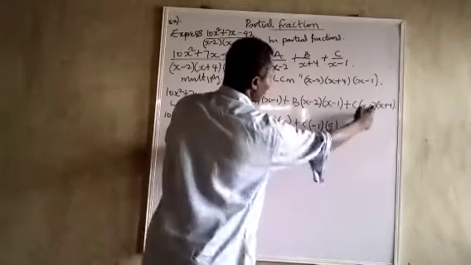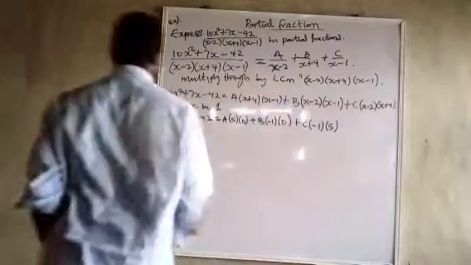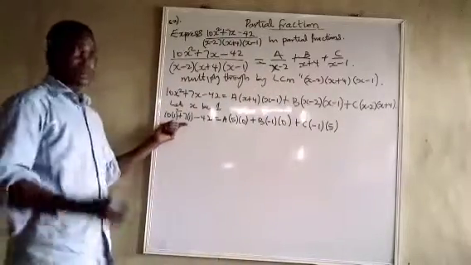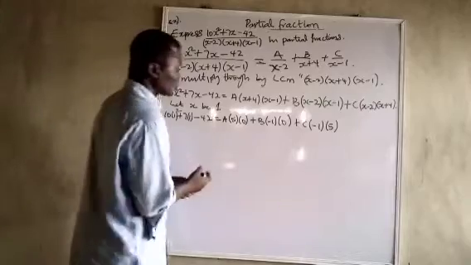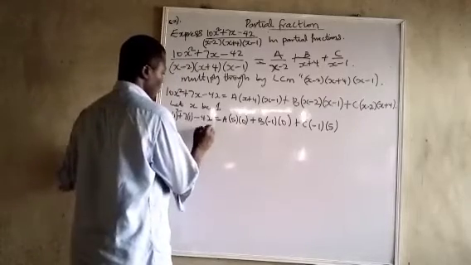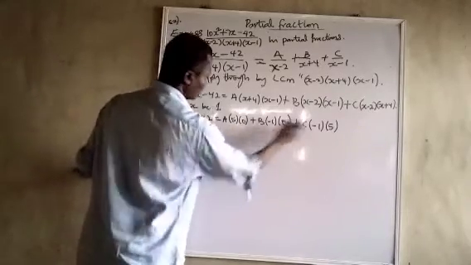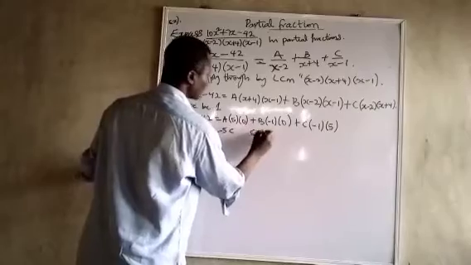You can see 1 minus 2 is minus 1, 1 plus 4 is 5. Now let's look at this. This is 10 plus 7, 17. 17 minus 42 is minus 25. Minus 25 equals 0 plus 0 minus 5C. So C is equal to 5.